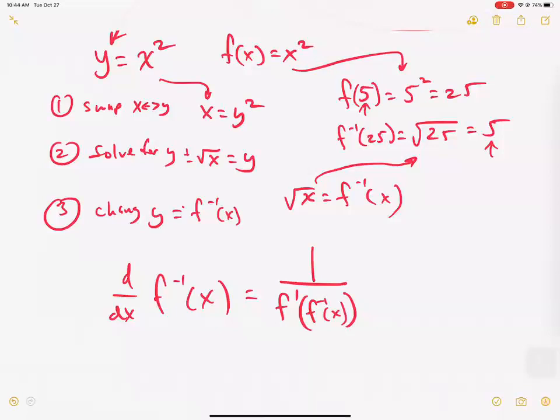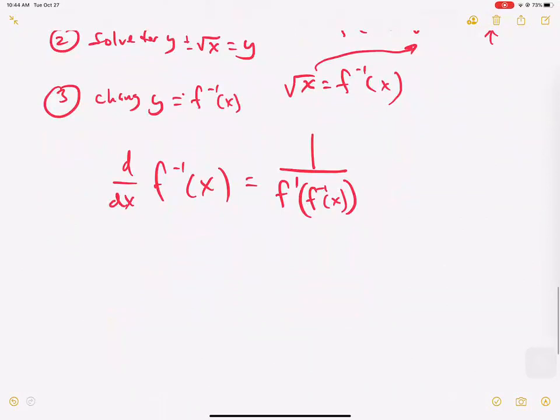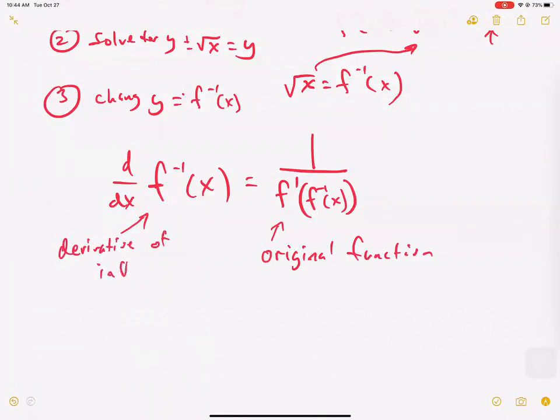And I feel like this is really confusing until you kind of get an idea what you're talking about. Okay? This is super confusing, right? So the derivative of my inverse function is really 1 over the derivative of my original function, but with a small caveat here.